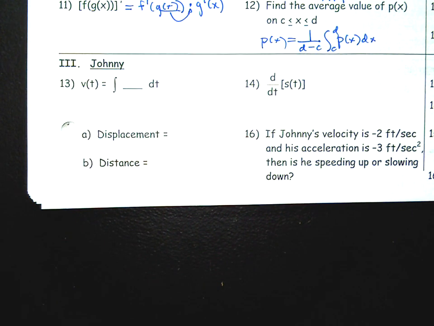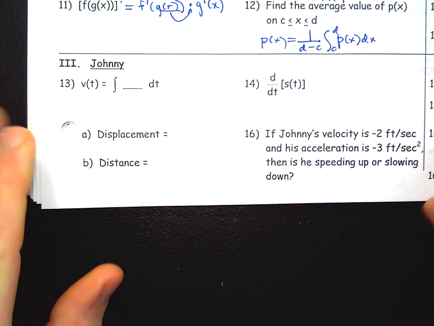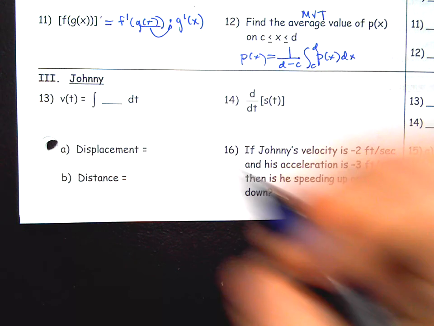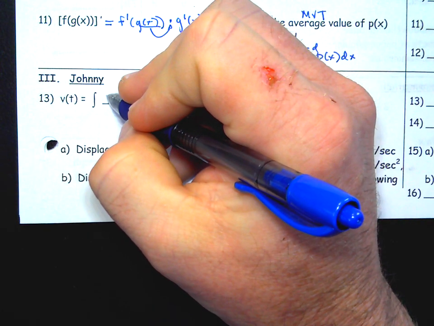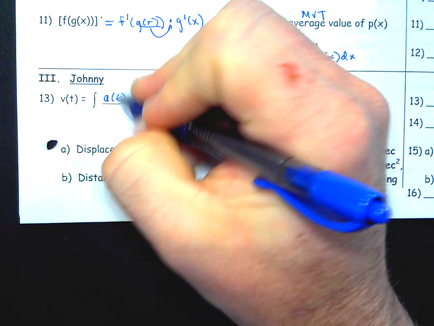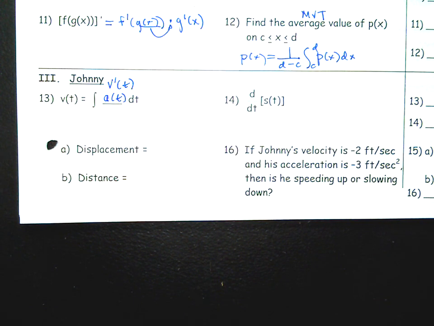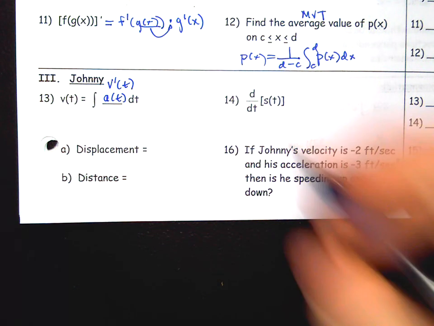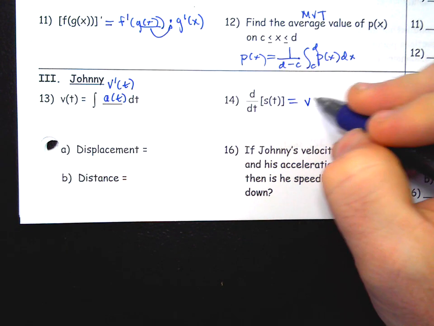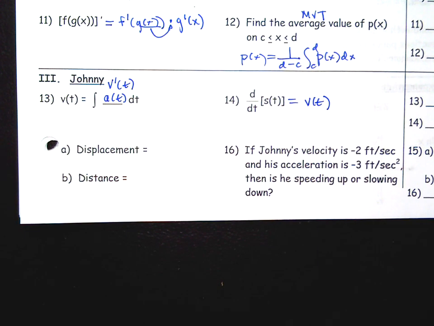Got some rectilinear motion stuff on here. Velocity is the integral of acceleration, right? It's the integral of the derivative of velocity, which is acceleration. The derivative of position is velocity. You need to know how to work forwards and backwards from acceleration, velocity, and position from one to the other.